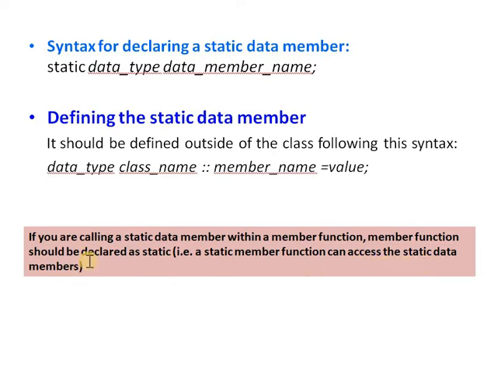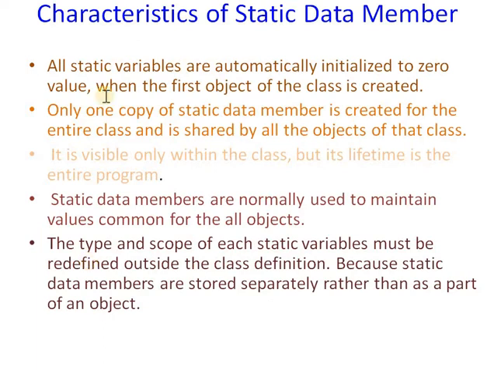If you are calling a static data member, then you must define a static member function. We will see in the next example how to use the static data member within a member function. First, we will see the characteristics of the static data member.